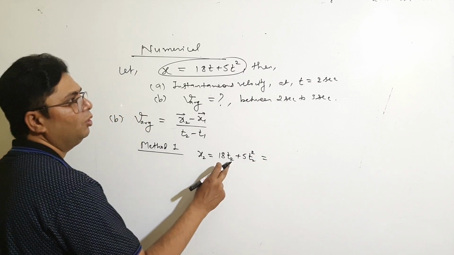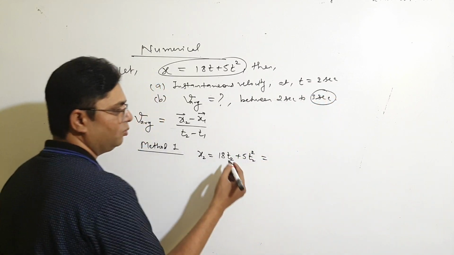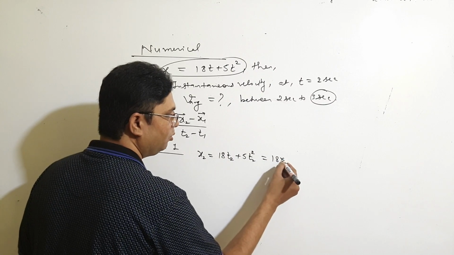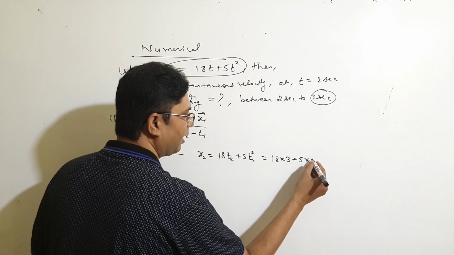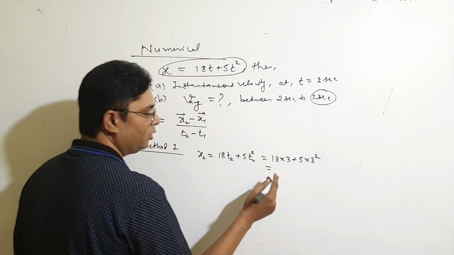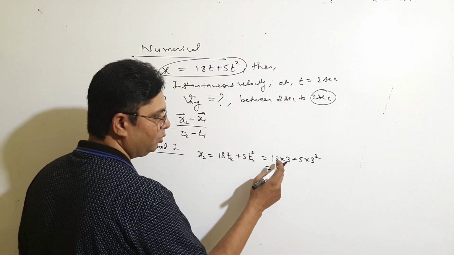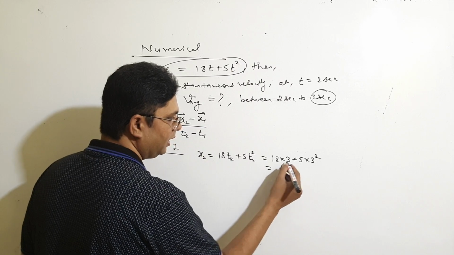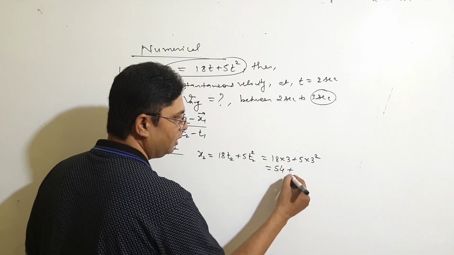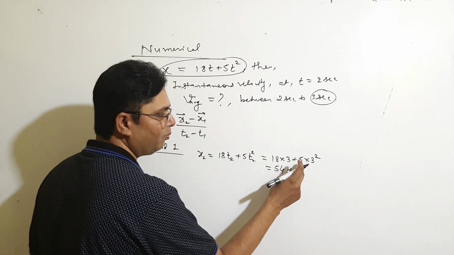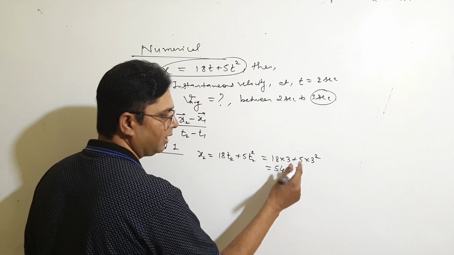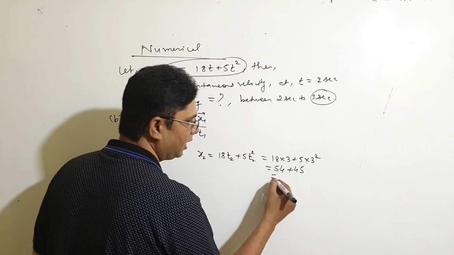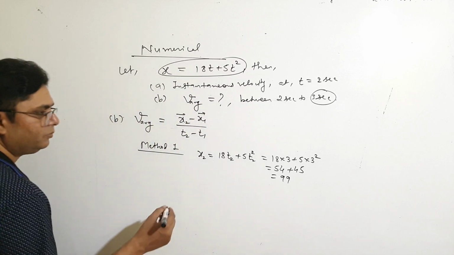Now what is t2? t2 is 3 seconds here. So put it, this is 18 into 3 plus 5 into 3 square. 18 into 3 is 54. 3 square is 9, and 9 into 5 is 45. So you have 99 here.